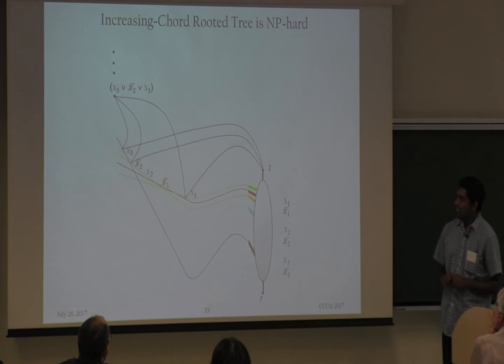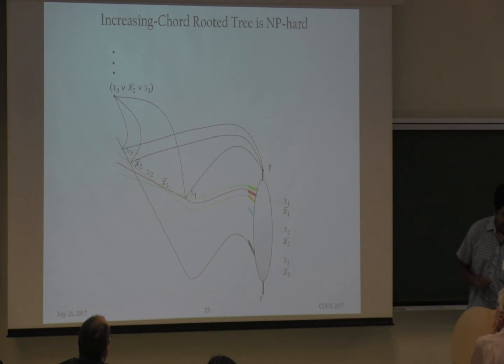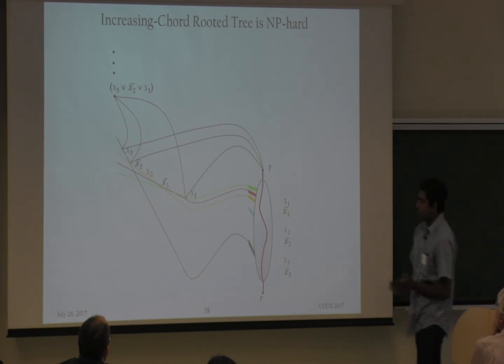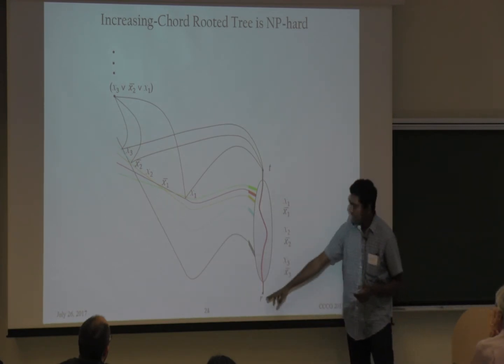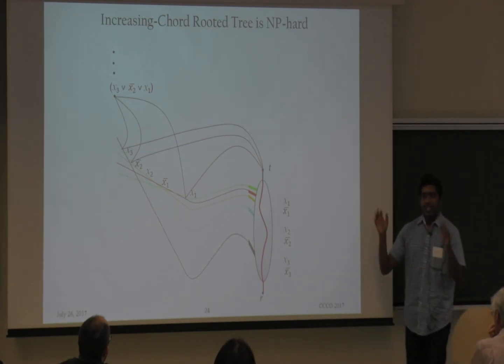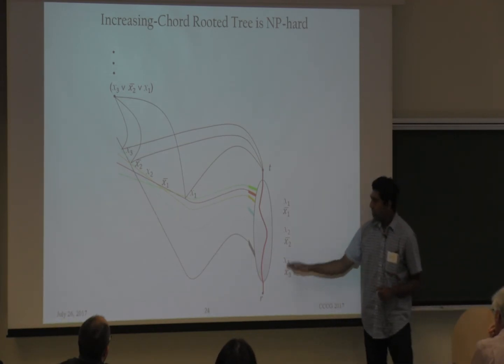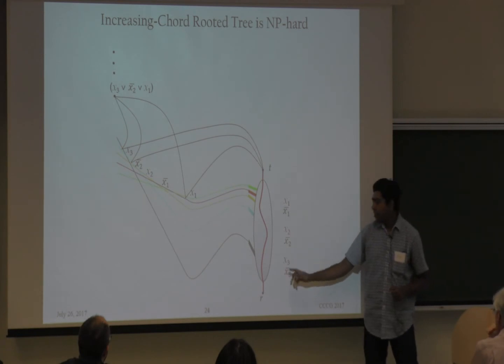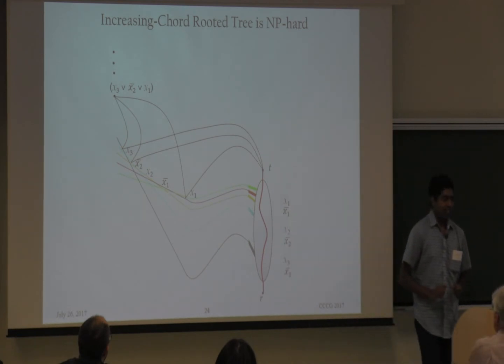But with this setting we can say something, that if there is an increasing chord spanning tree, then we can satisfy all the clauses. How can we say that? Well, if it is a spanning tree, there is a path from the root to this vertex, and we know by the cascade graph that we choose some of these variables by going through some of the edges here.